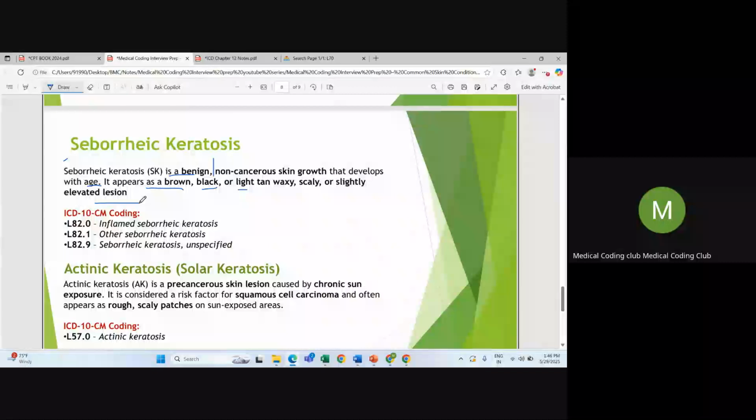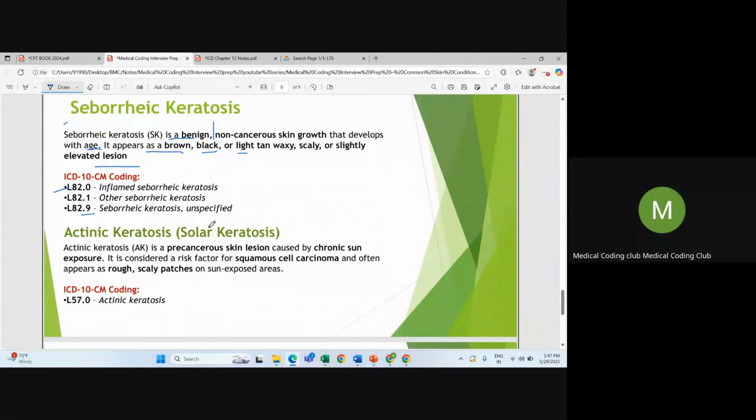Okay, so if it is inflamed seborrheic keratosis, then you will code L82.0, and if it is non-inflamed or there is no specification, you can consider it as L82.9. Okay, so for L82.1, for non-inflamed, you can code other seborrheic keratosis. Okay, just check from the category L82.